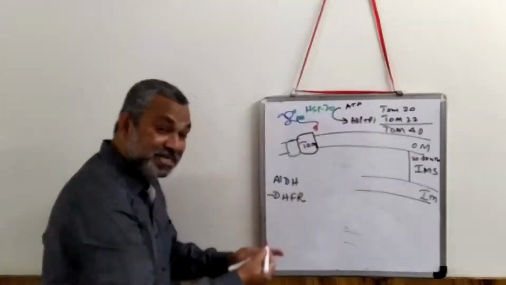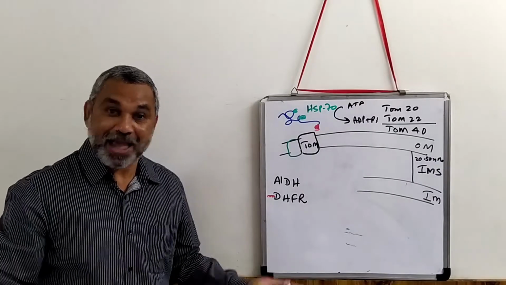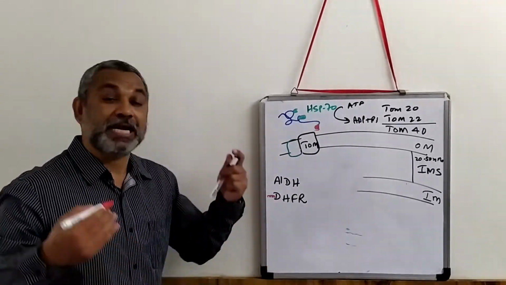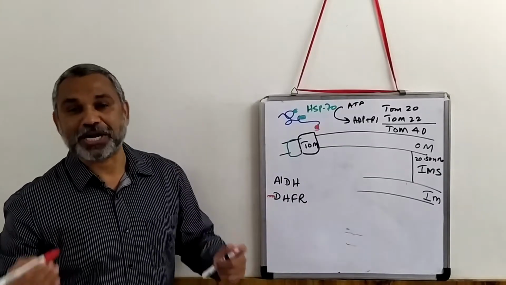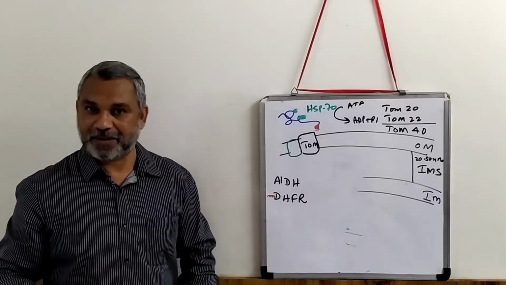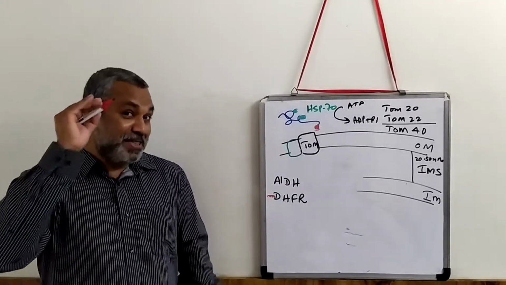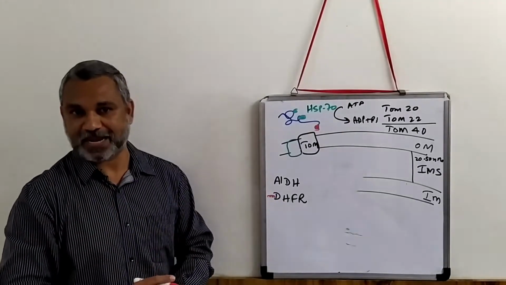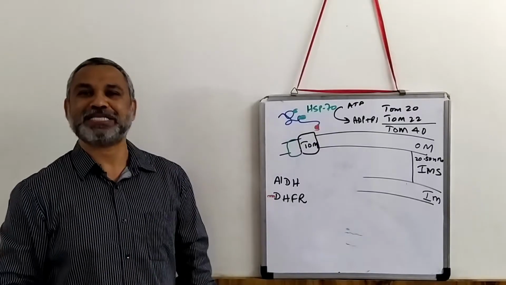And they proved it. They said, yes, it is happening, and they could see the presence of DHFR in the mitochondrial matrix because of the signal. Therefore they proved the role of the signal. Another experiment was carried out.